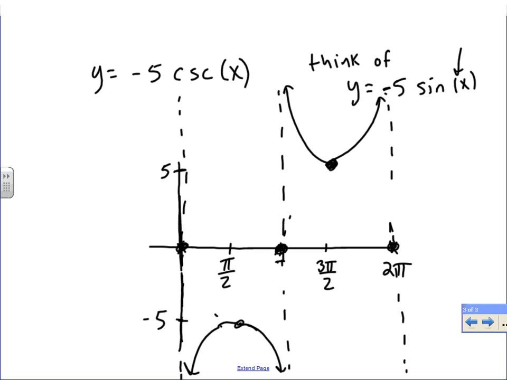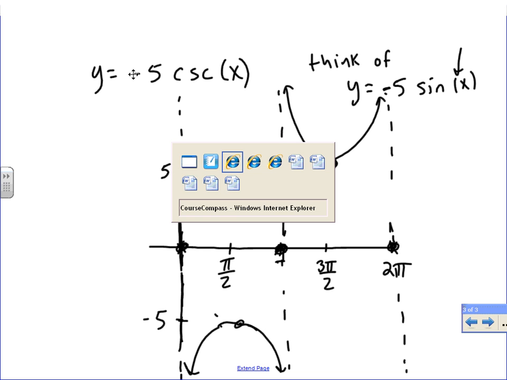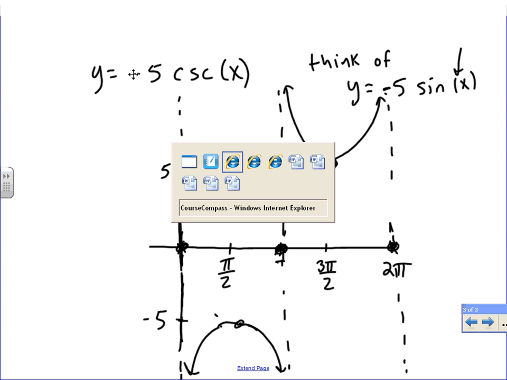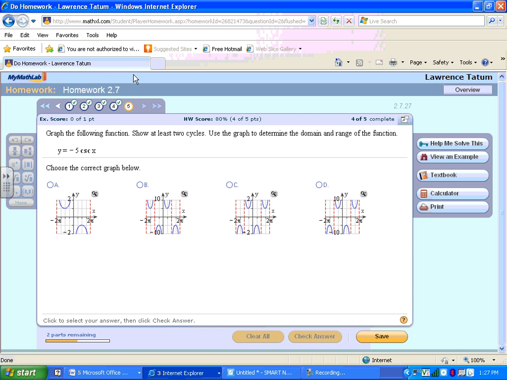Now, let's see if we can pick the right one from a homework problem here. Okay, so notice the undefined spots, right? 0, pi, and 2 pi. A lot of that is what's going to give away which one's right.